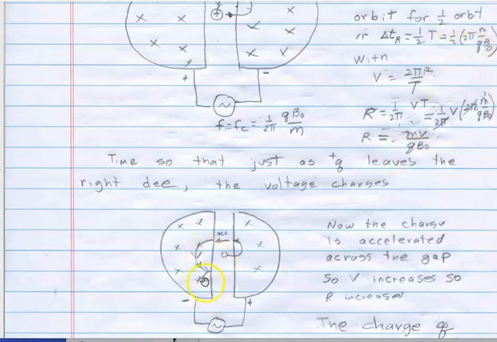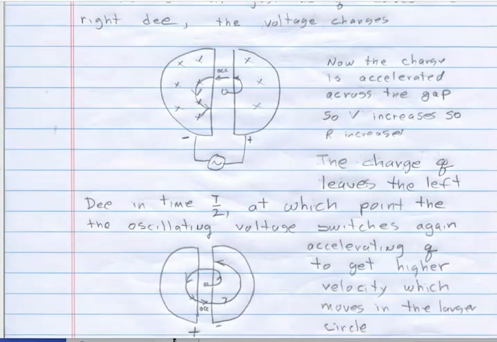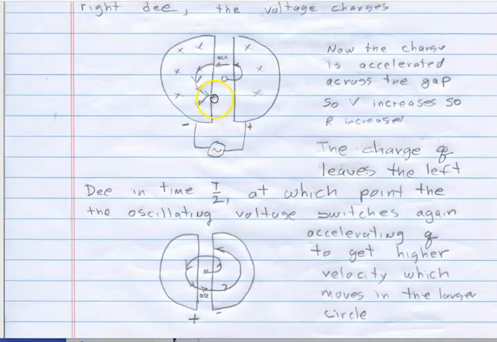So half a period, I again switch it back again. So once it leaves this at this point, I switch it back so that this is negative and this is positive. It gets repelled by the positive. It gets attracted by the negative. It again accelerates in this gap region.